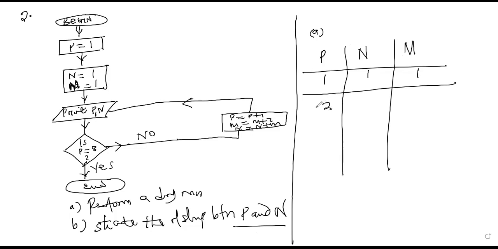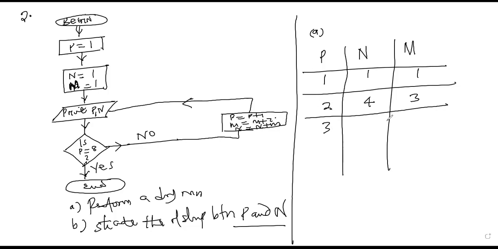After increasing P by 1, we increase M by 2. It was 1, we add 2, it becomes 3. Then the new N will be older N plus M. So older N is 1 plus M is 3, giving 4.